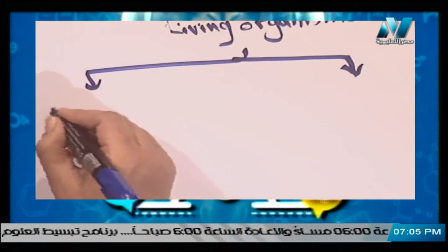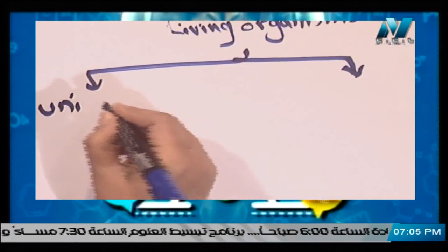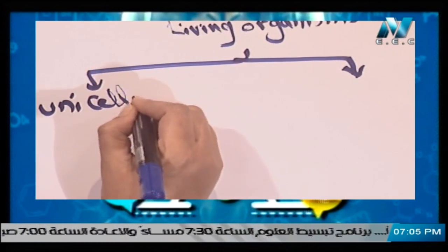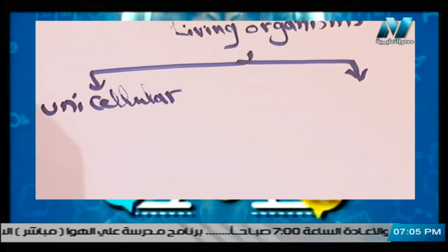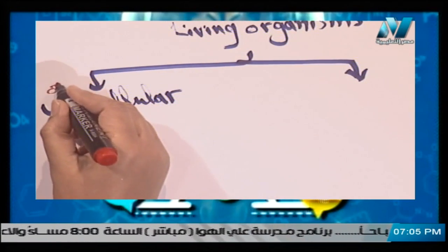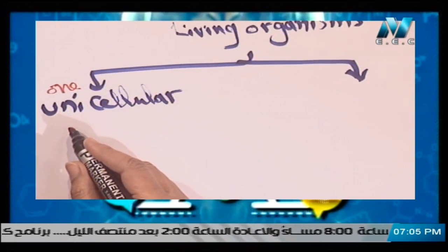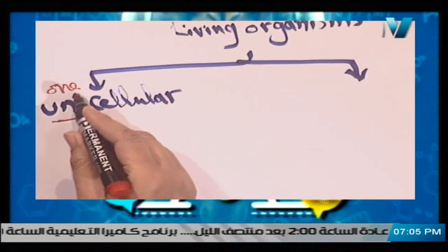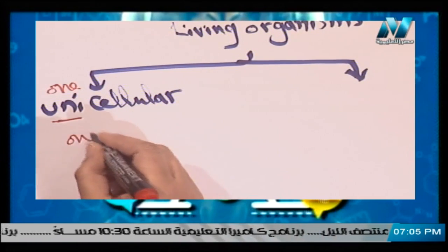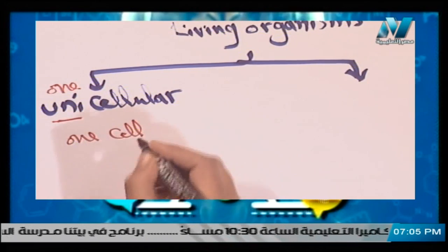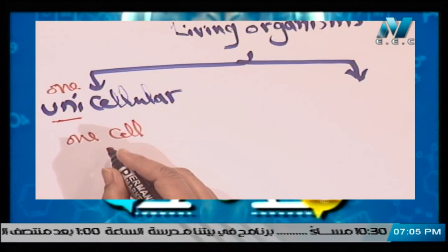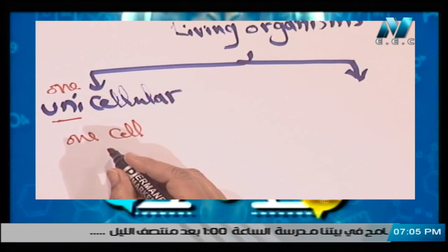The first one, we call it unicellular. What's meant by unicellular here? Unicellular consists of just one cell that carries out all the functions. Uni here means one cell. This cell can make all the activity or vital activity of the cell.